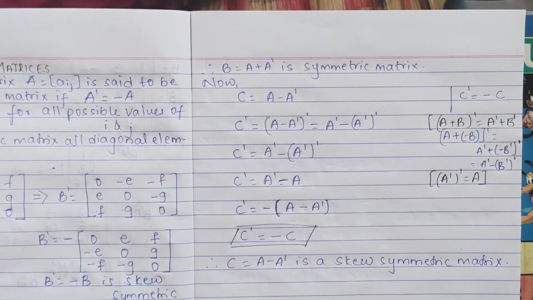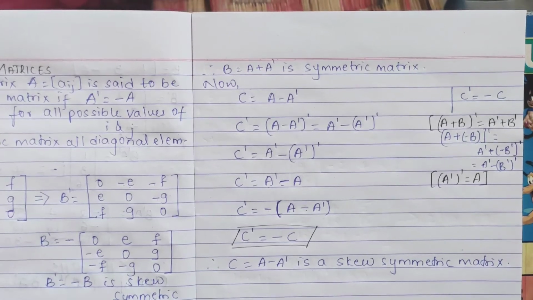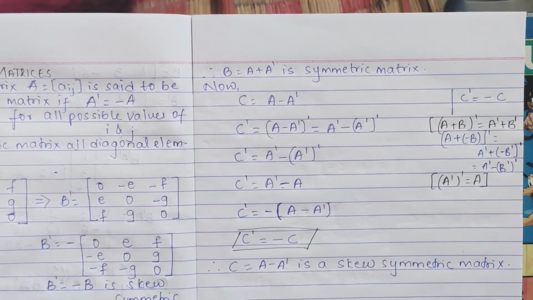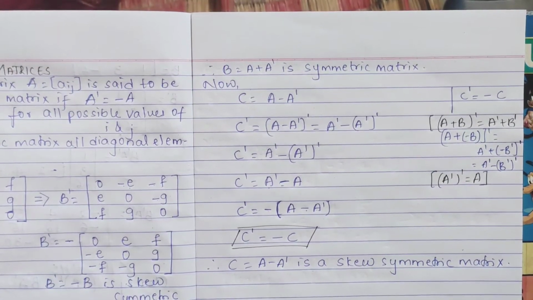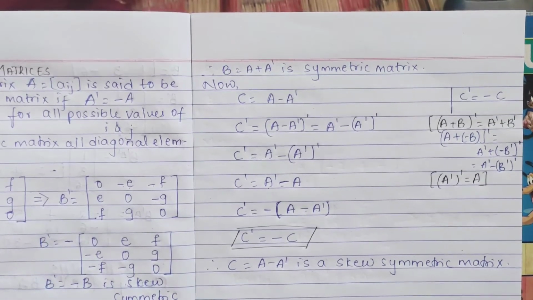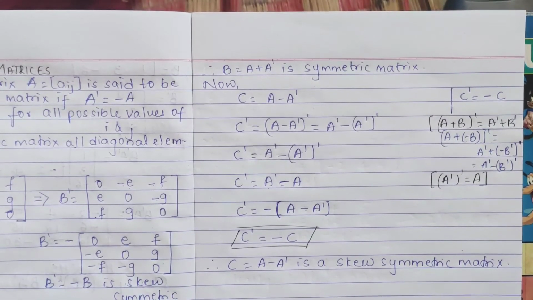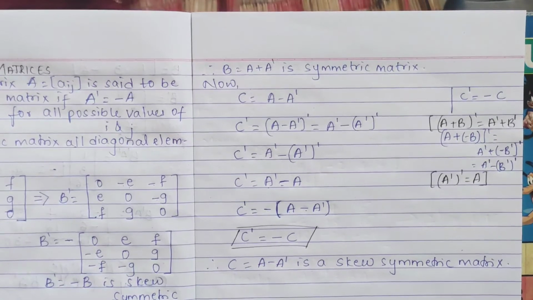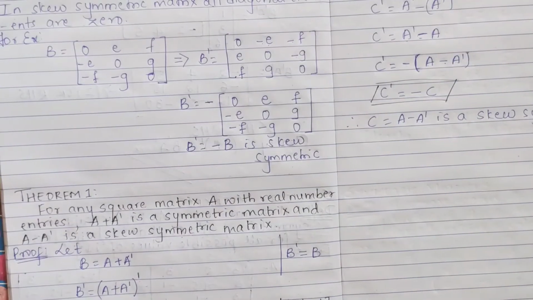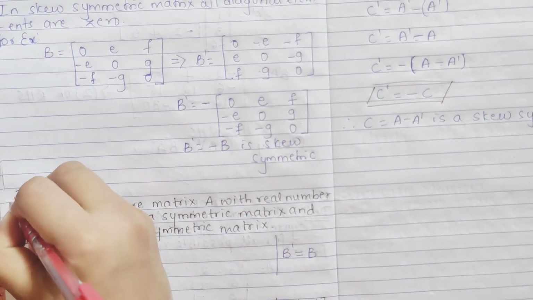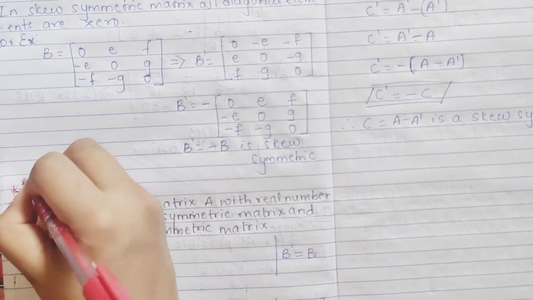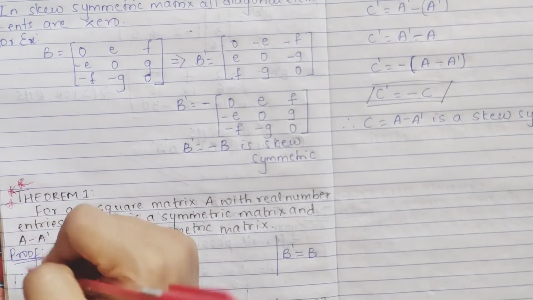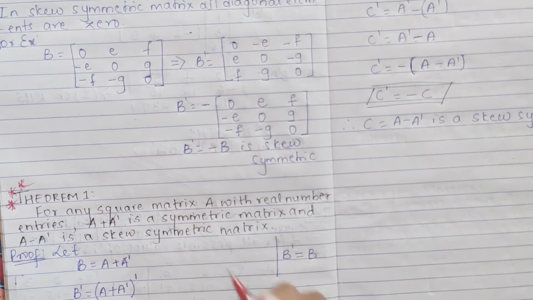You should be very careful while doing it. Please note it down properly, and you can mark it as important. Mark this theorem with stars or anything, just make it important.